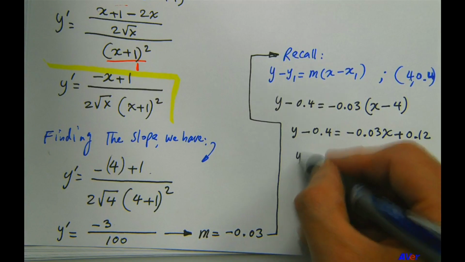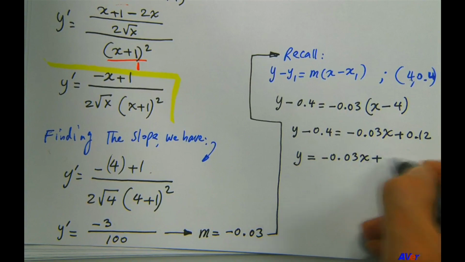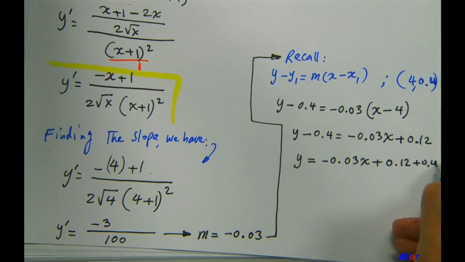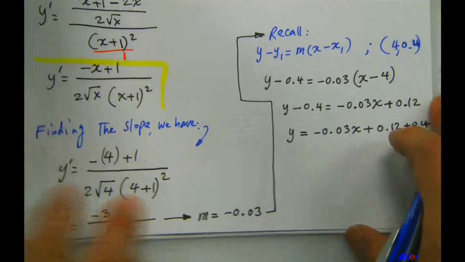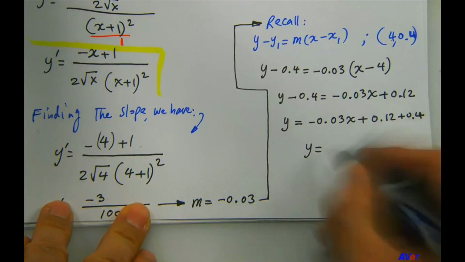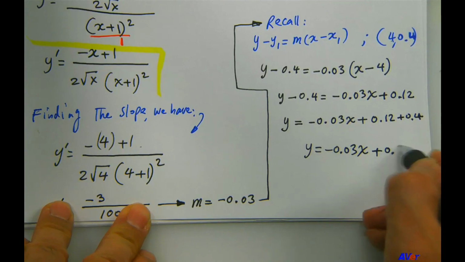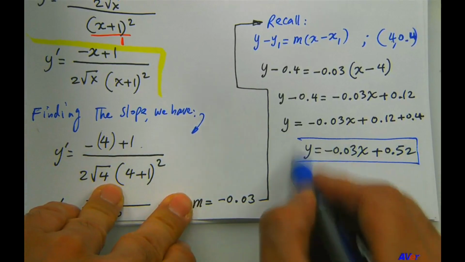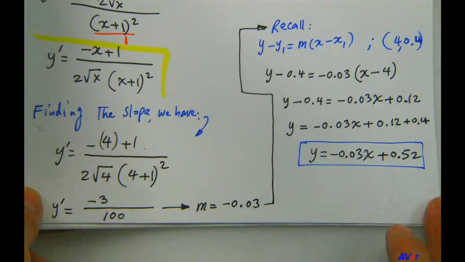And so we have y equals minus 0.03x plus 0.12 plus 0.4. This is maybe too many details, huh? I hope you don't get bored, but I wonder sometimes if I should skip steps or not. But anyway, so that plus 0.52. So here's the equation of the tangent line to this curve that we had.